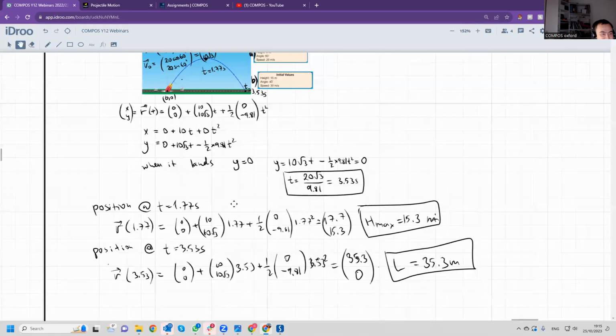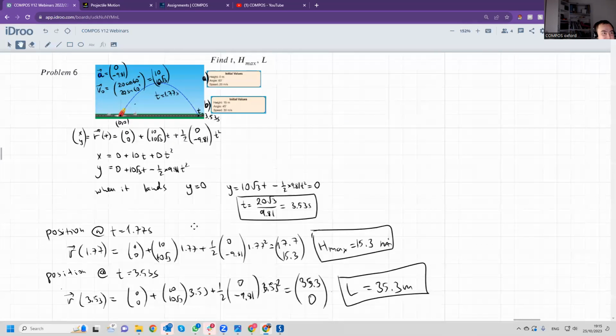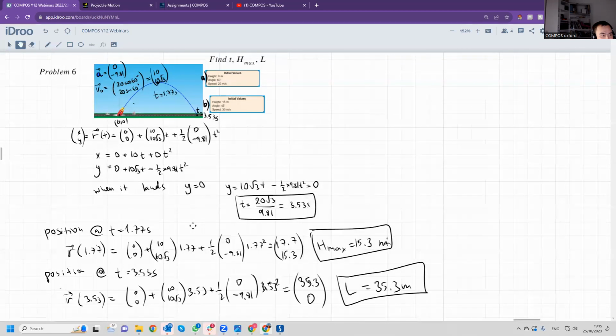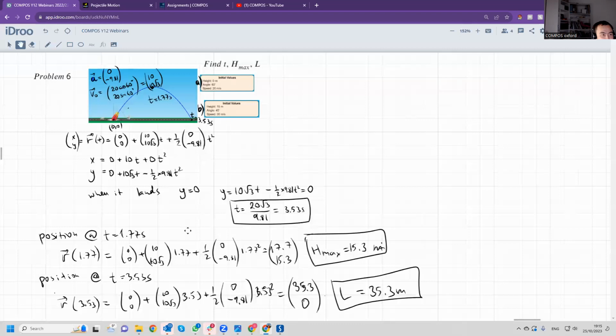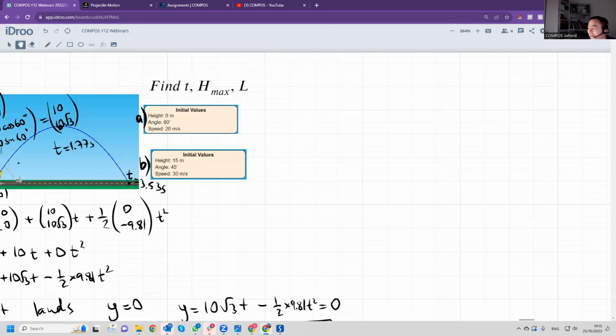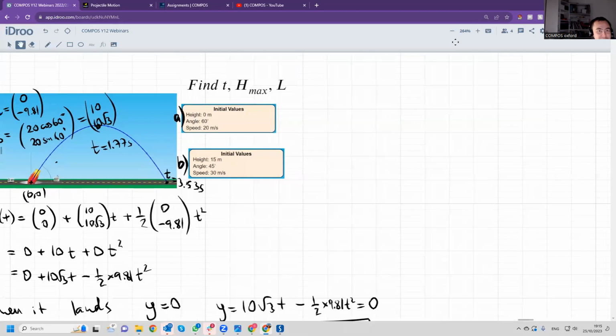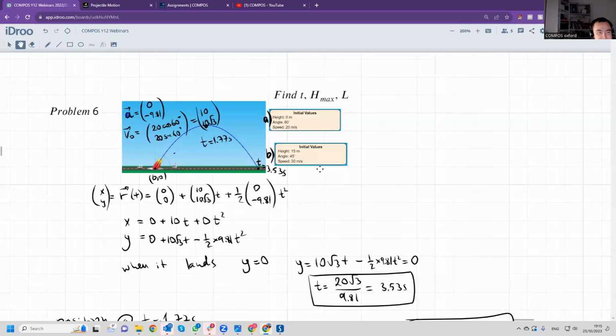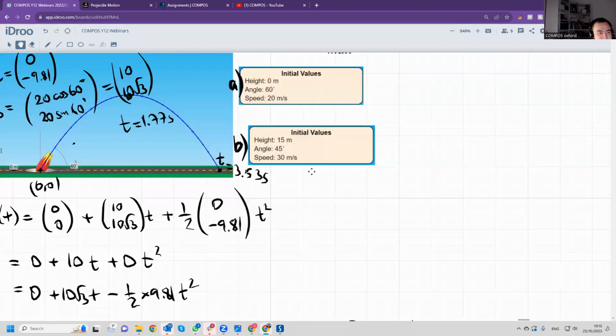So you see that, and you can use all sorts of things to model it, you can use a spreadsheet to model it.